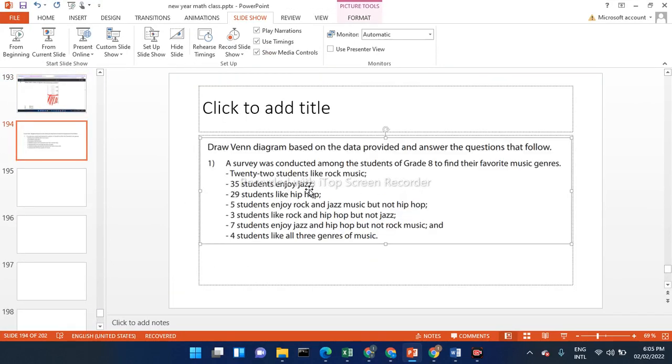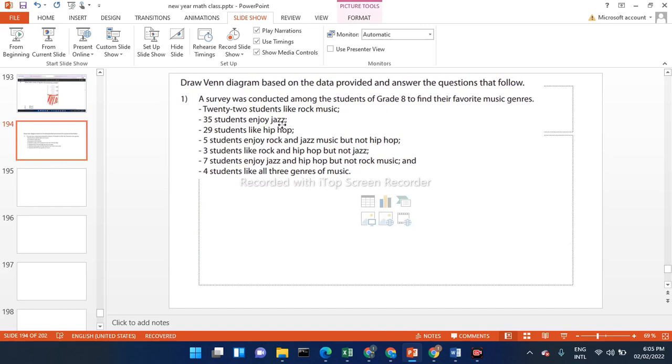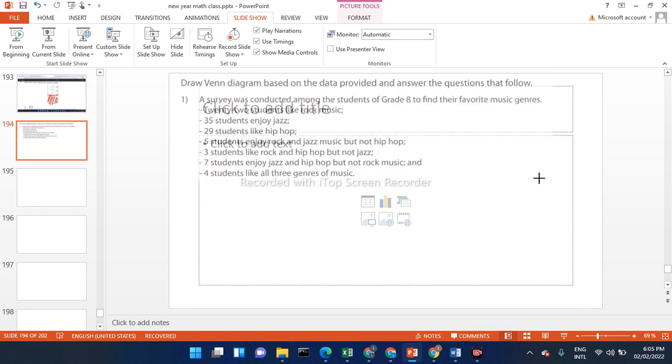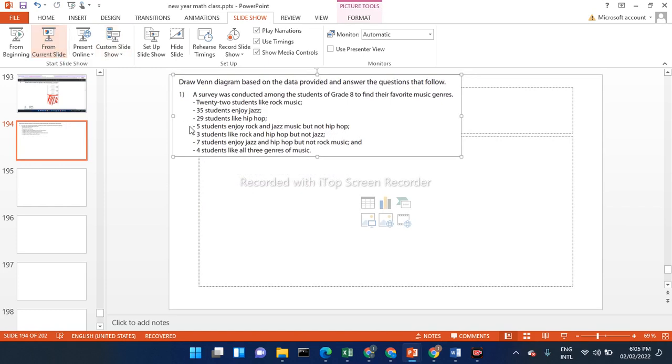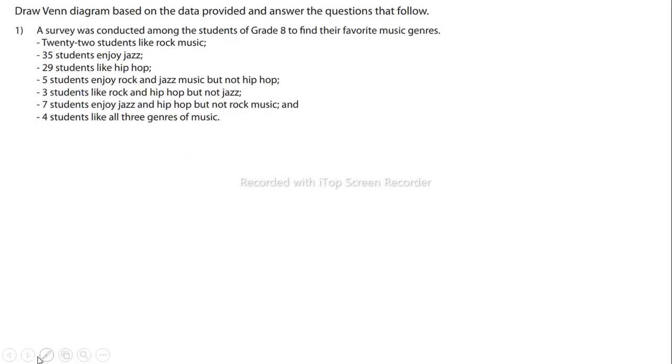So let's do that. I'm gonna put it smaller so we can get everything in.